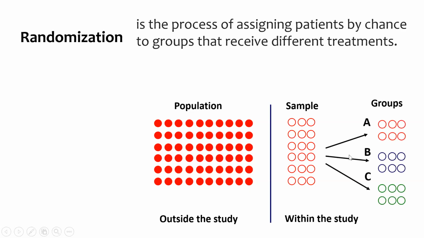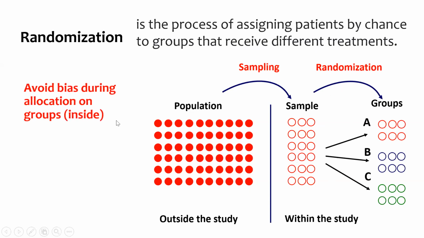The other step is when I divide my sample into different arms. Sometimes the study has two arms, sometimes three arms or even more. The process of selecting a sample from the population is called sampling, while allocation of participants from the sample into either arm of my study is called randomization.